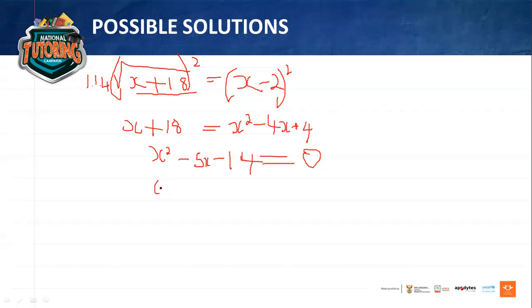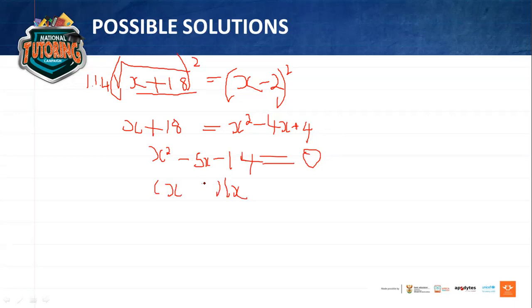Afterwards, we factorize. Remember, it now looks like the very first question, 1.1.1. So when we factorize, we look for factors of 14 that will give us 5 when you add or subtract them.